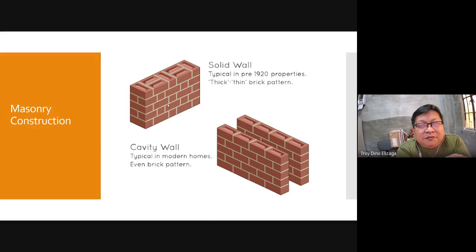not much in houses or buildings, because when it comes to buildings, normally what is used is the cavity wall. So it's two walls, and then you have a space inside, or cavity, and that cavity you can fill with other things like rubble.